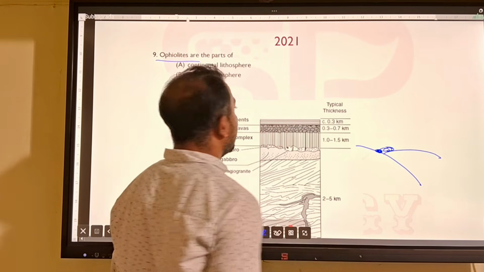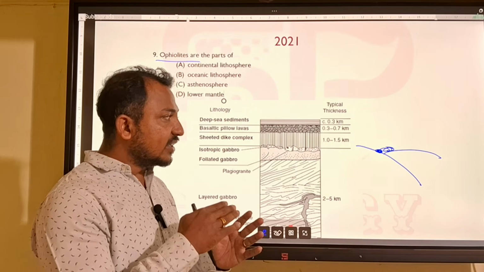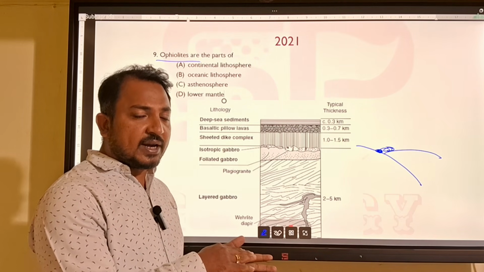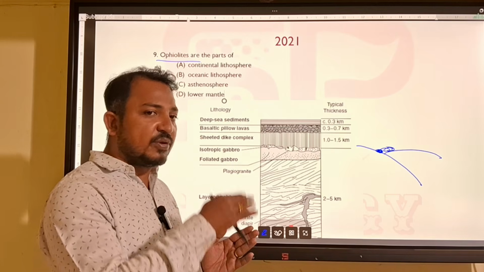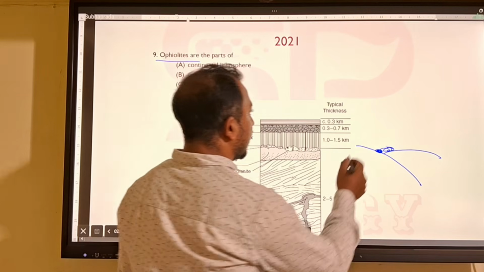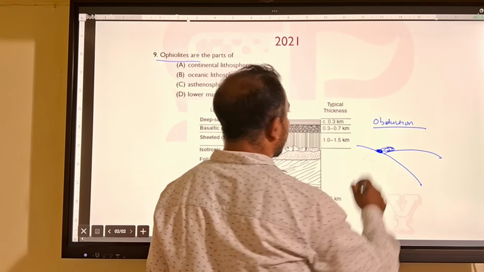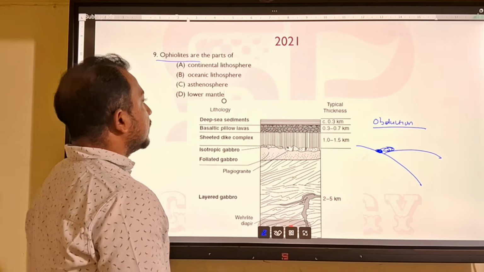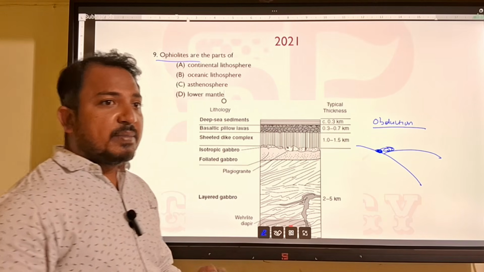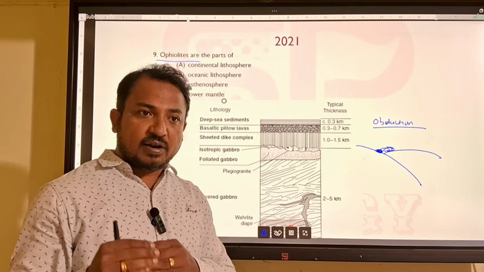The process of formation of ophiolites, the scraping or breaking of the oceanic plate and its preservation on the continental plate, is called obduction, the opposite of subduction.